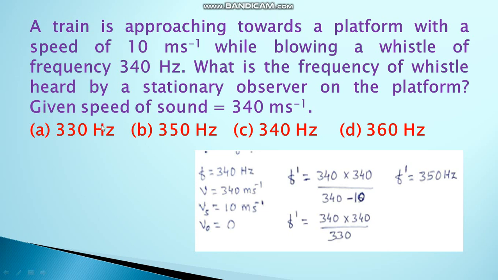So the answer is more than 340, and we can delete options 330 and 340. B and D are left, and B is our answer.